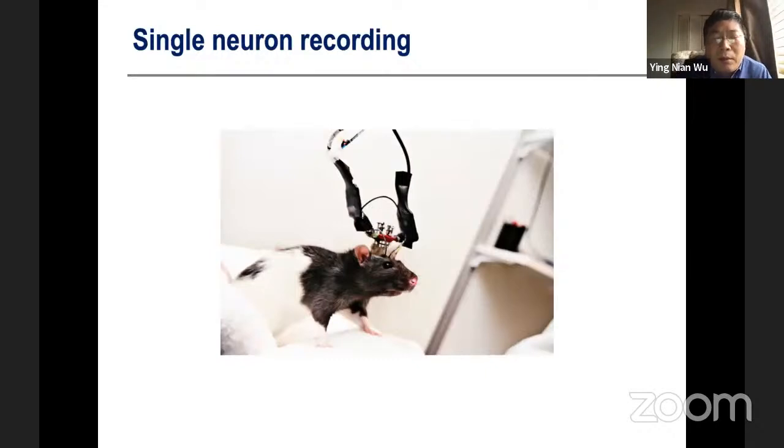Those grid cells and also place cells were studied by single neuron recording. And nowadays they can simultaneously record multiple neurons. So you insert an electrical needle in the brain of the rat, and then you measure the response. If the cell fires, then you hear a beeping type of sound.